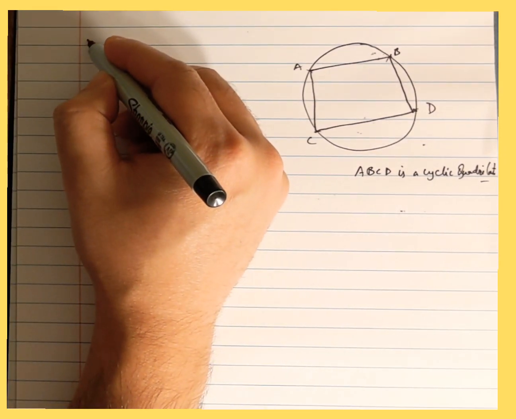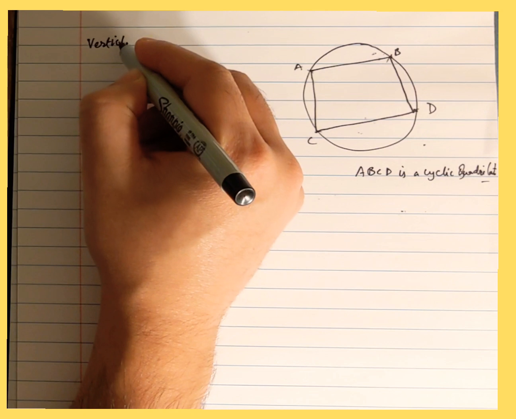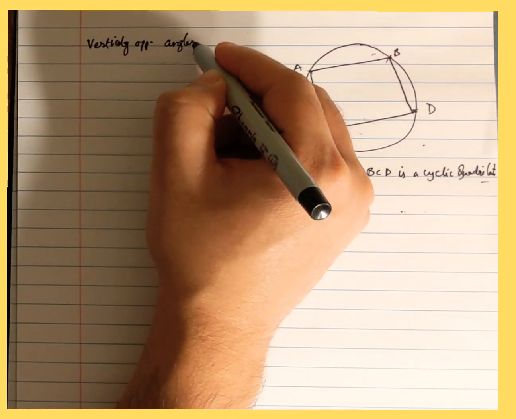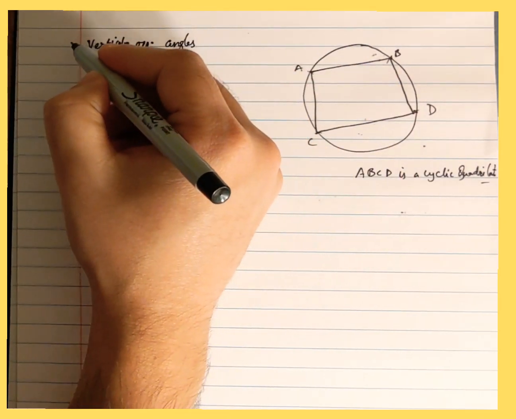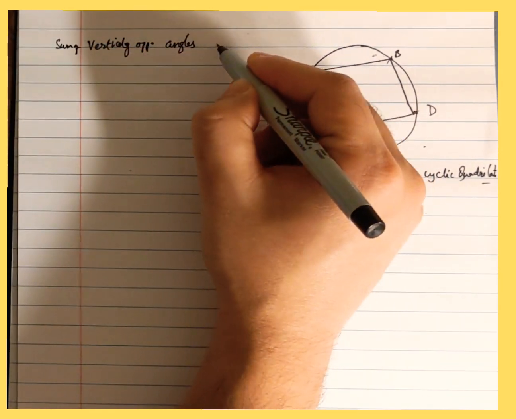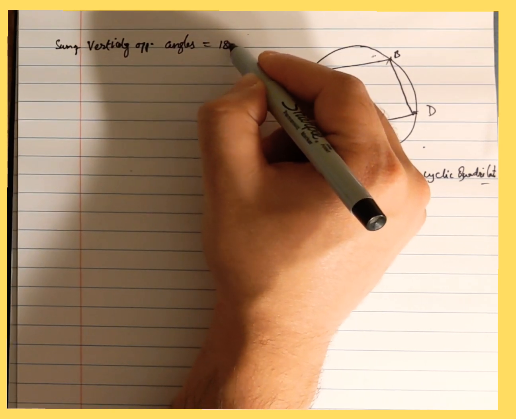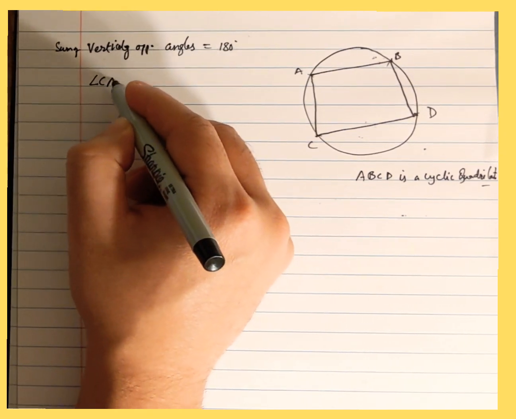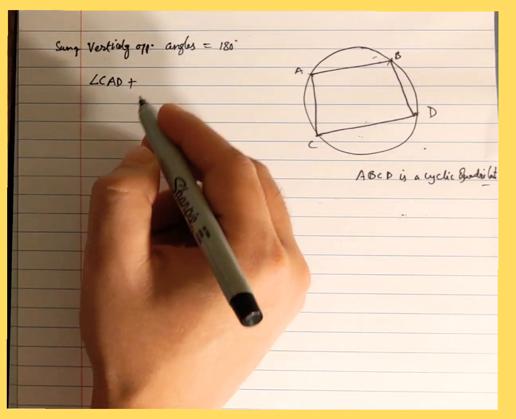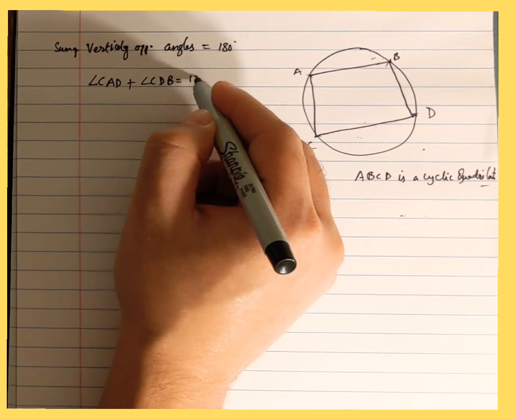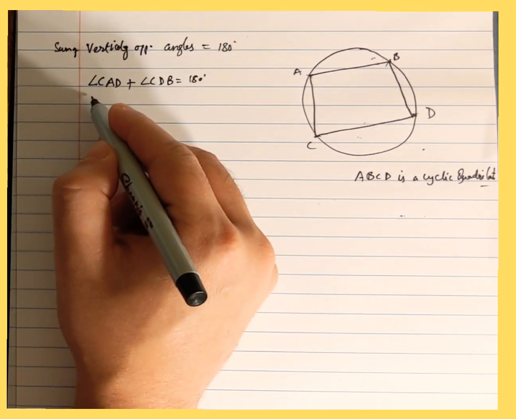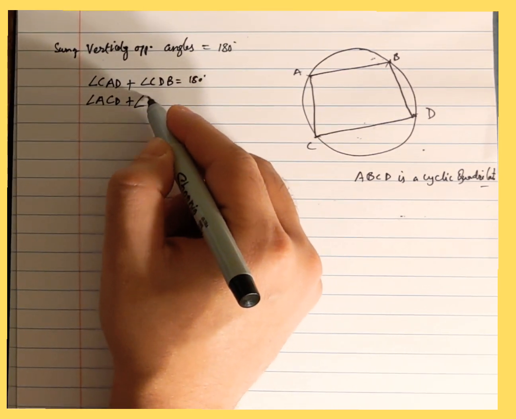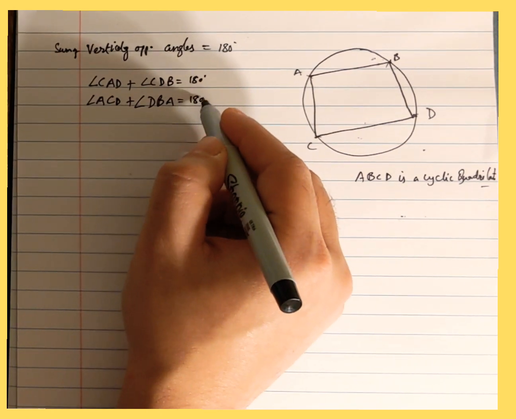So we have a property for this particular type of quadrilateral. If you take the sum of vertically opposite angles, it equals 180 degrees. So angle CAD plus angle CDB is equal to 180 degrees, and similarly angle ACD plus angle DBA is also equal to 180 degrees.